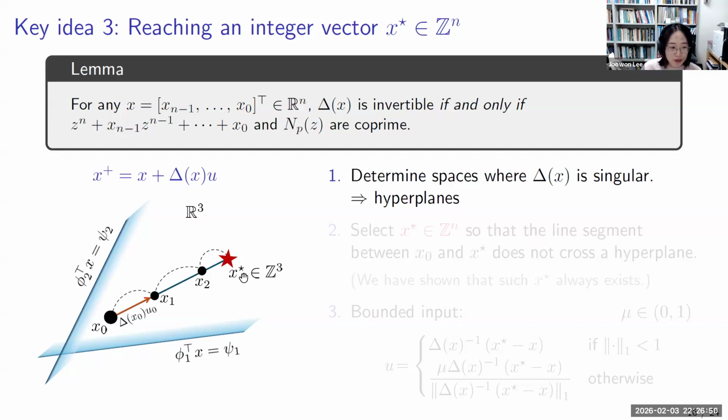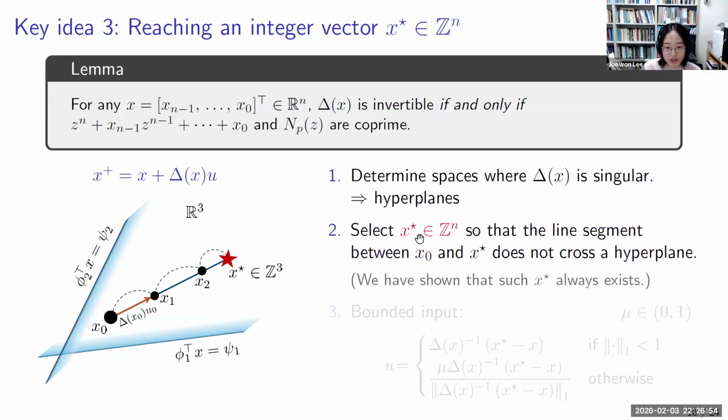We want to avoid the hyperplanes, so we select an integer vector x star so that this line segment does not cross any of these hyperplanes. And we have shown that such an integer vector x star always exists.